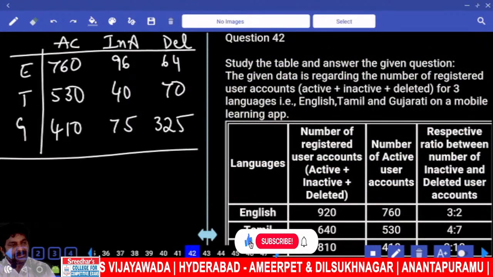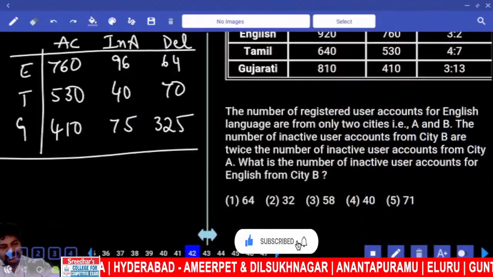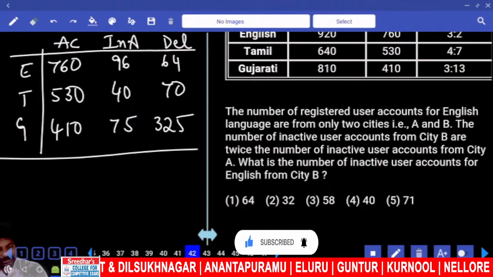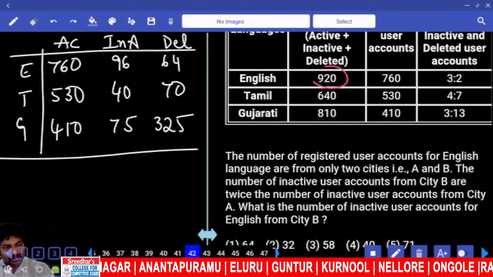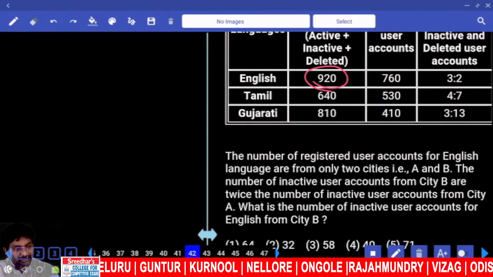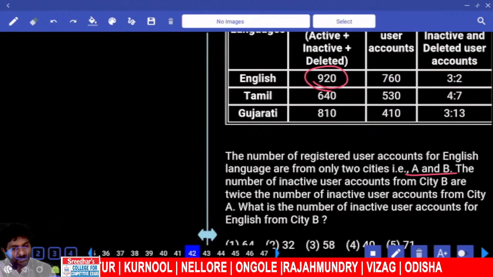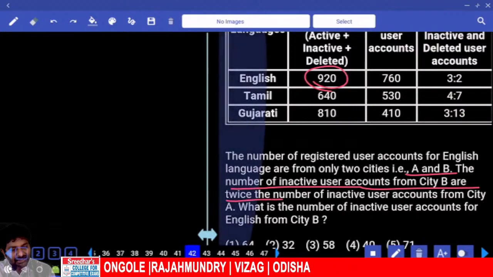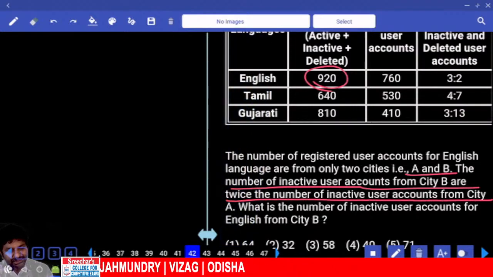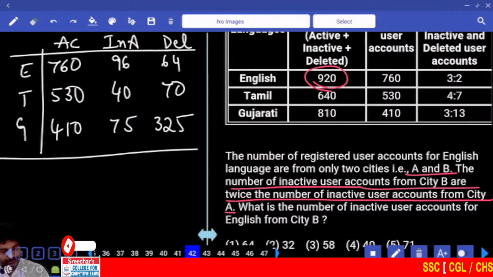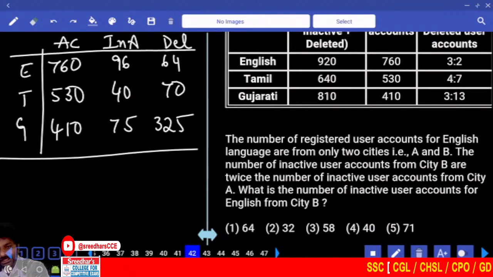Given data is for English. Total how many are there? 920. They are from 2 cities A and B. Number of inactive user accounts from B are twice the number of inactive user accounts of city A. I think they are talking about inactive only, not the total.